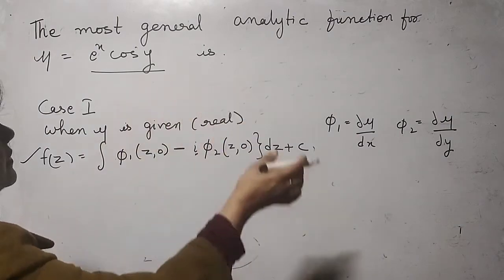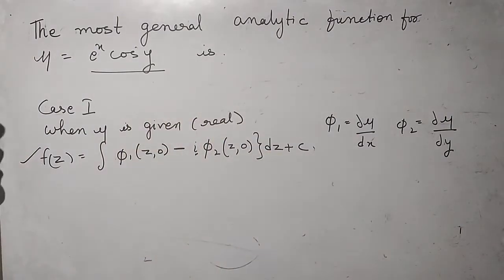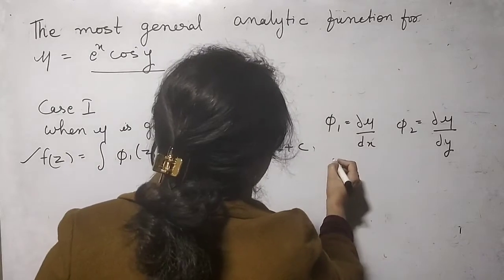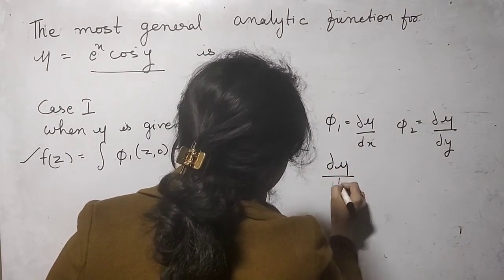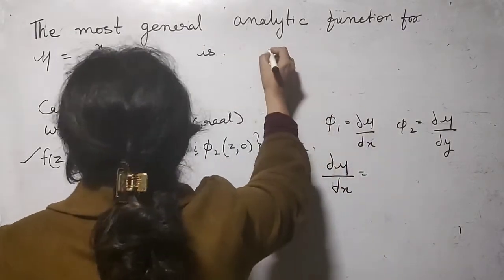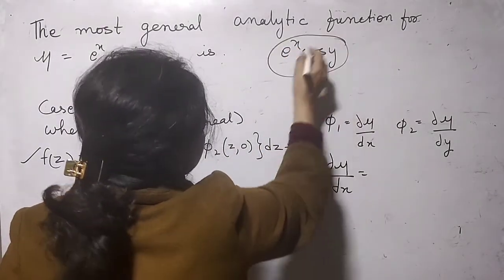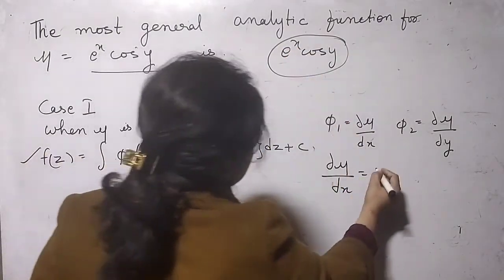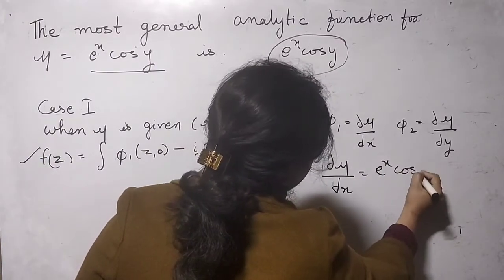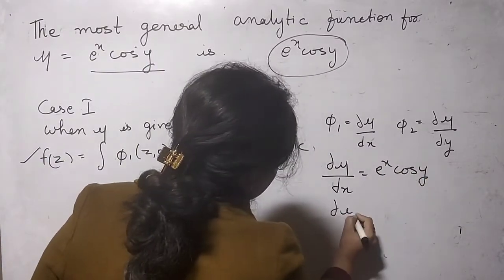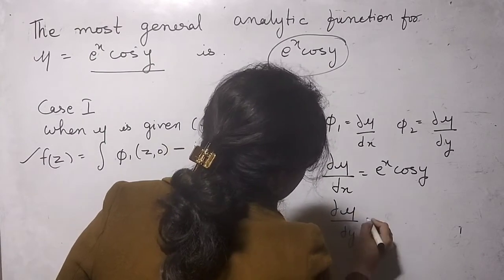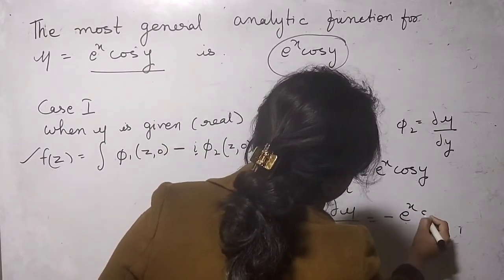We apply the same theorem over here, and if we find du/dx, we get e^x cos y. When we differentiate with respect to y, we get minus e^x sin y.